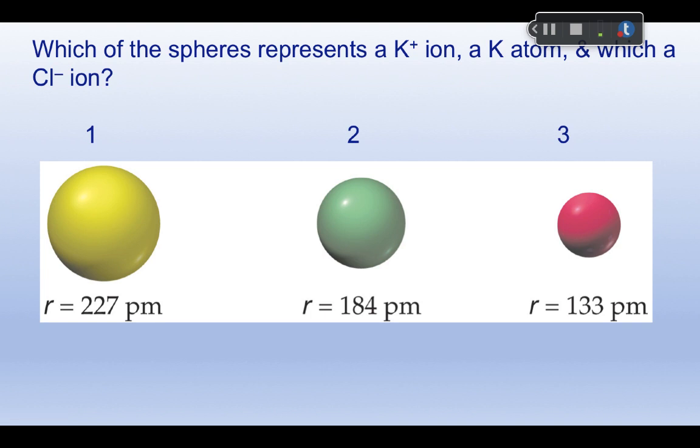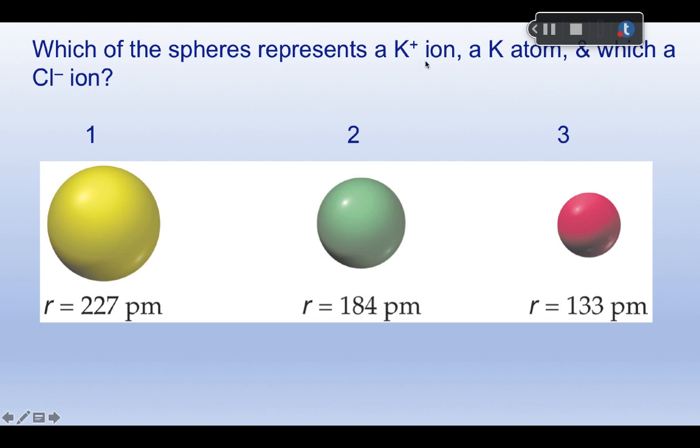So we've got some values here and some pictures of lovely spheres, and we're trying to decide which ones are which. So we'll have to decide what patterns might apply. Thinking back to the sizes of atoms, atoms are largest on the metal side and smallest on the nonmetal side.